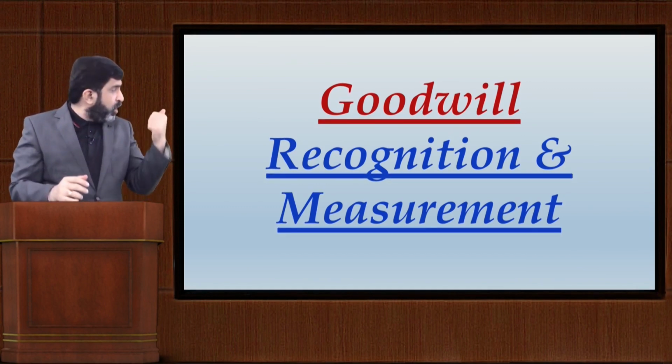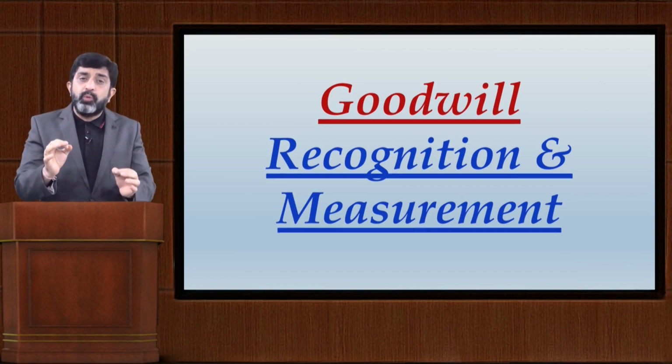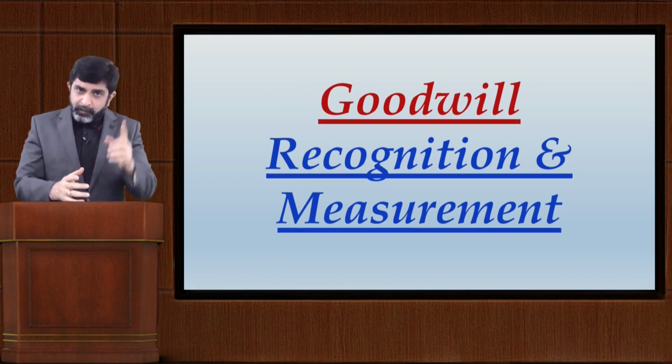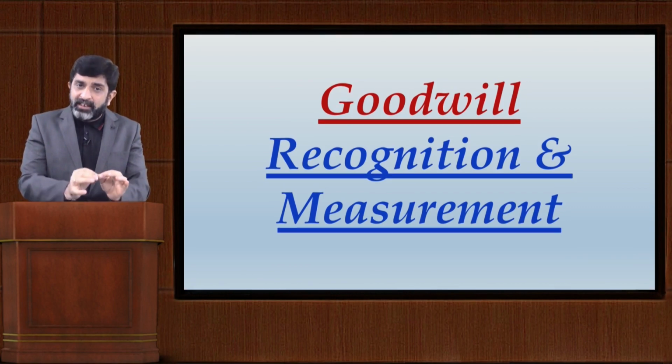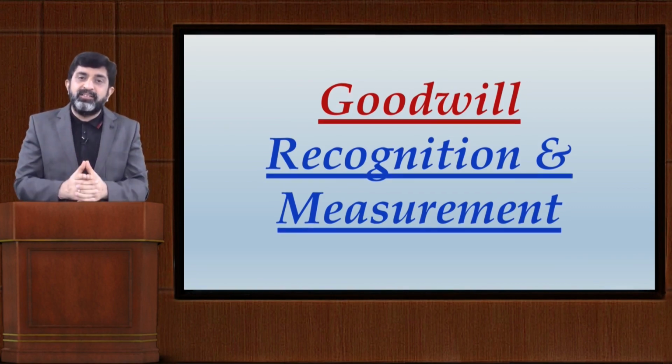Let us focus on this heading, that is recognition and measurement of goodwill that arises in business combination and which arises on the date of acquisition. Once again, acquisition date becomes an important factor. Who is acquirer? Obviously that has to be considered for making all these calculations.